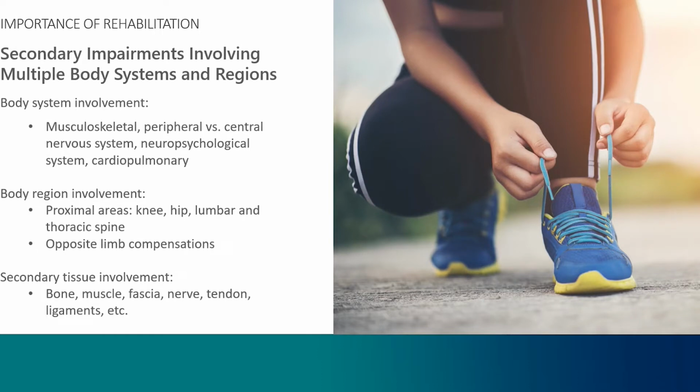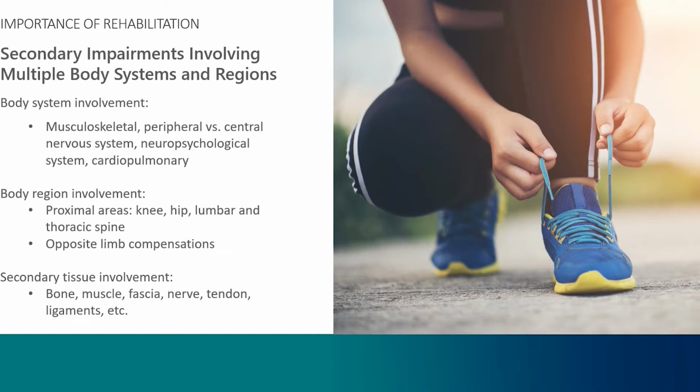And this is probably the most important piece of rehab, even though we always think, okay, I'm just going to work on treating the main thing involved. It's the secondary impairments that involve multiple body systems and regions. These are all those compensations that we talk about, all the joints next door, and all those different systems that might get involved besides just the bone that was cut into.